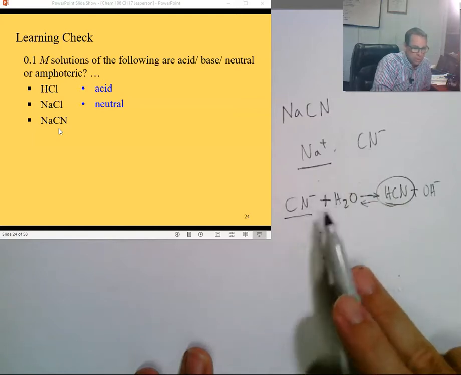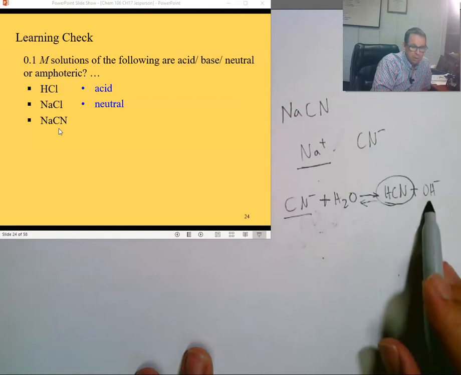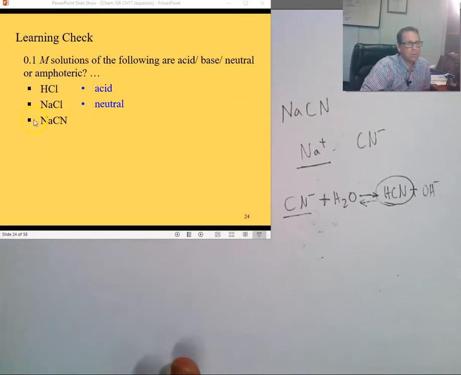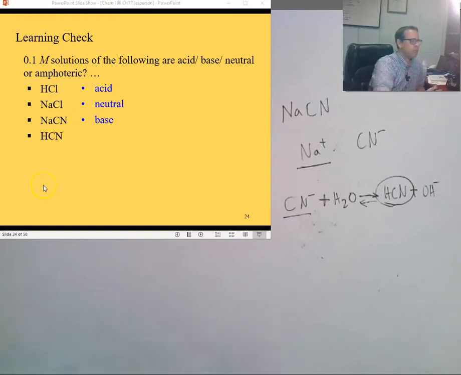It's going to take that hydrogen ion, and it's going to release the hydroxide ion. Therefore, how will the pH change if I put sodium cyanide into solution, Sarah? So it will make it more basic. It'll make it basic. That's right. Sodium cyanide behaves as a base.